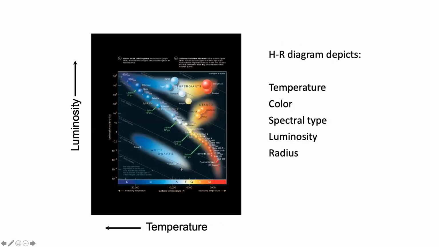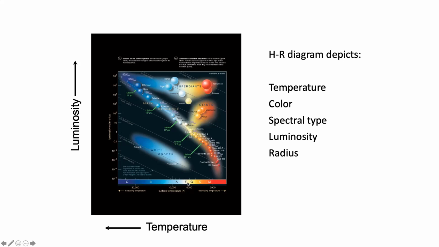All right, so we need to know a couple of things about HR diagrams. One, we can get information about the temperature of the stars plotted on here. There's information about color. If you look at the bottom axis, and also throughout the diagram, you'll see colors associated with the different spectral types.